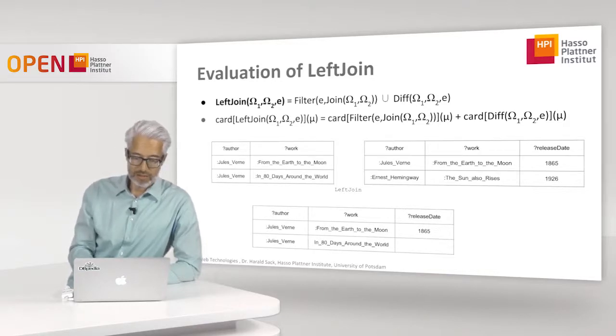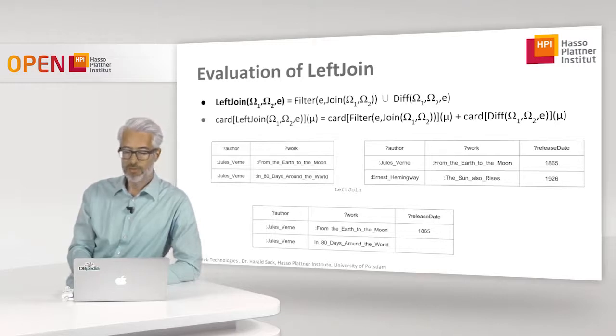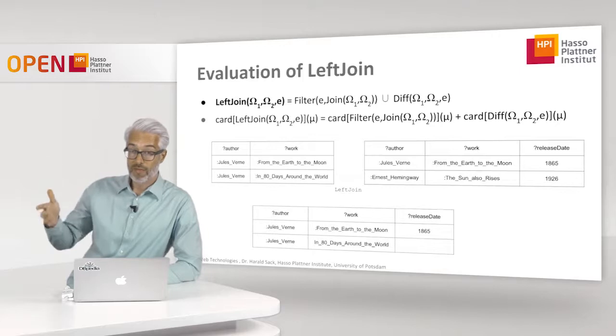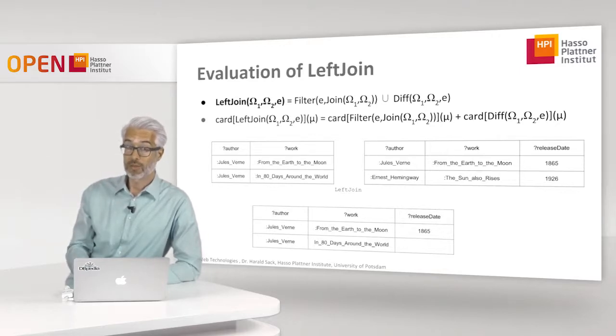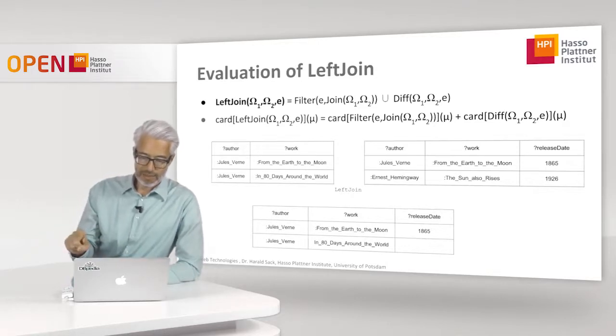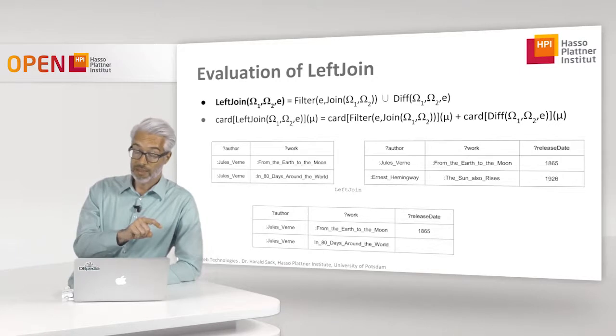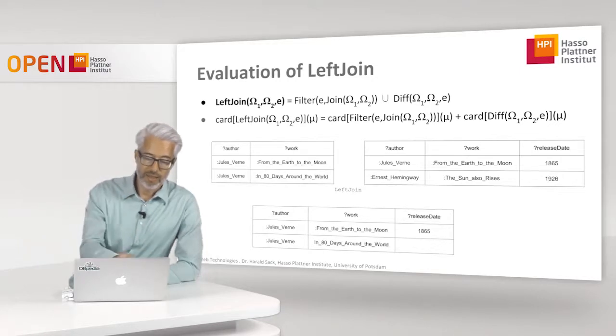So what is the result in the end? It's quite clear. The result consists definitely of table 1, so of the first result set, and this will be complemented with the variable that does only occur in the second table, so the release date, but the result is only taken for results which already are available in the first table.